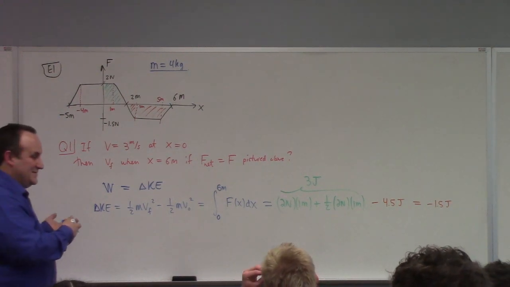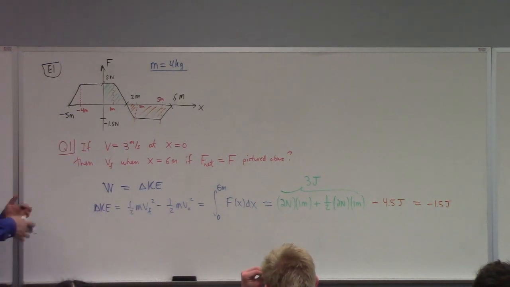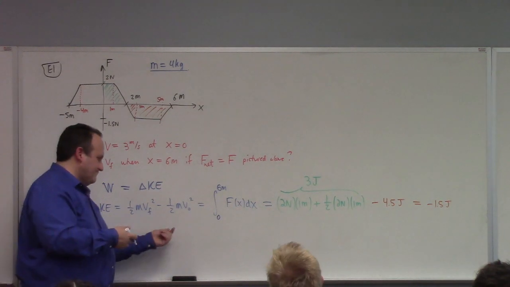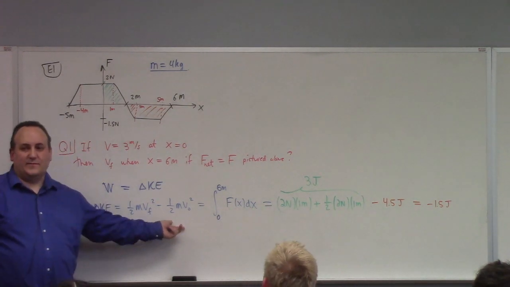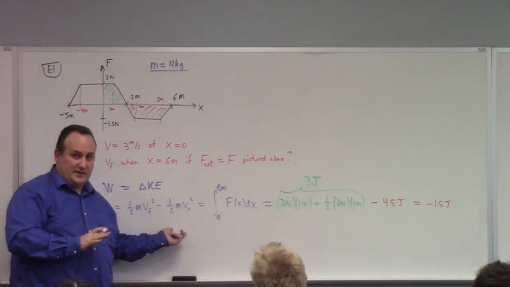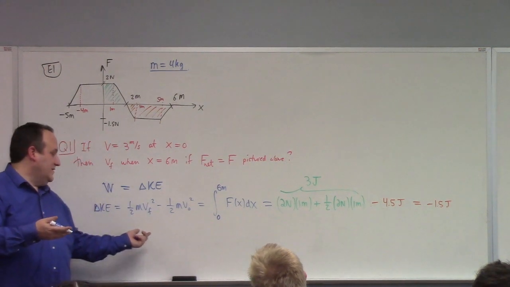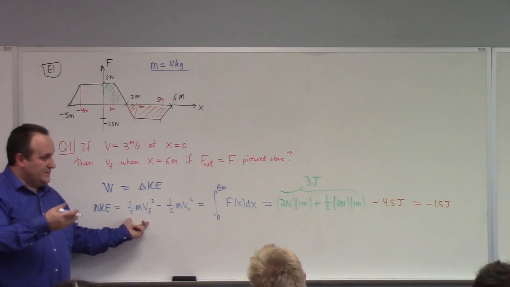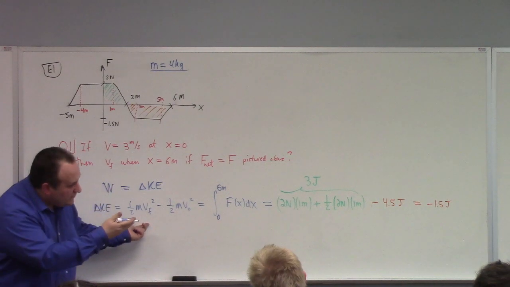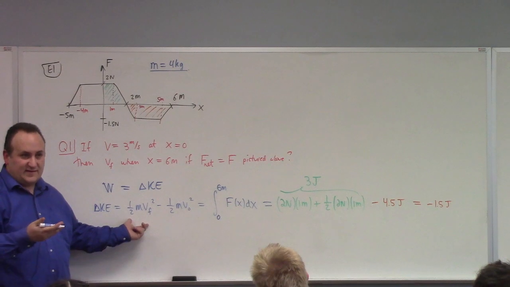You know what I mean? Hypothetically, suppose I said it started at rest. If I said that the motion started at rest, we'd be in trouble right now because we'd have 1/2 mvf squared is equal to minus 1.5. That's impossible because this is positive.